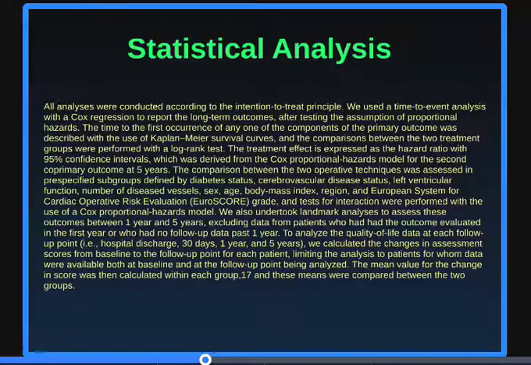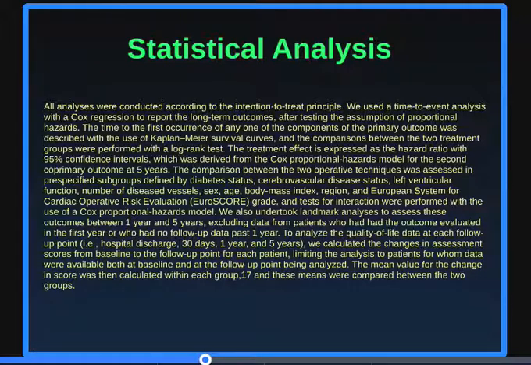The treatment effect is expressed as the hazard ratio with 95% confidence intervals, which was derived from the Cox proportional hazards model for the second co-primary outcome at 5 years.